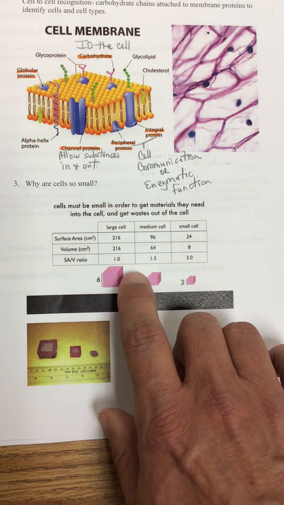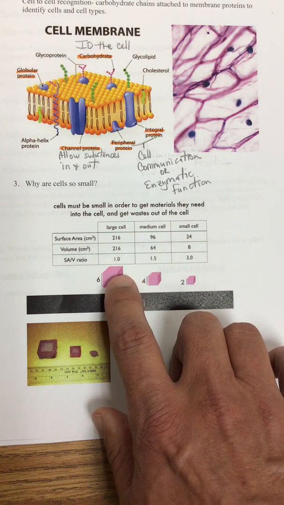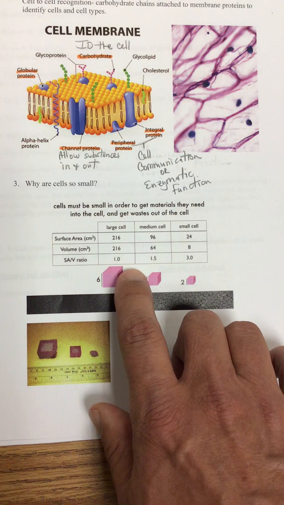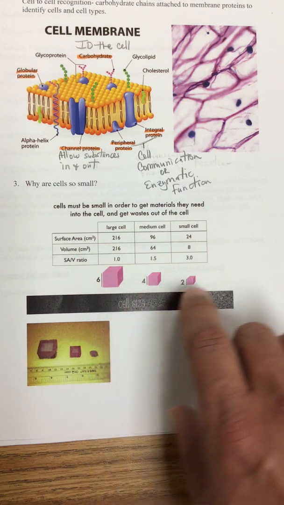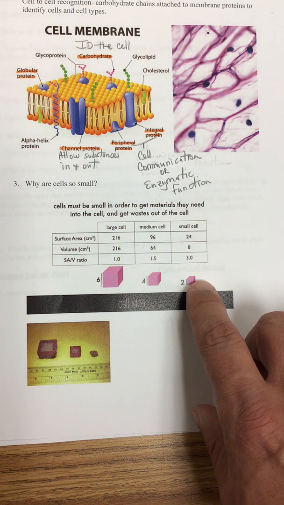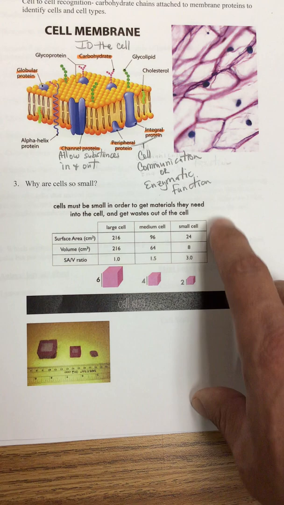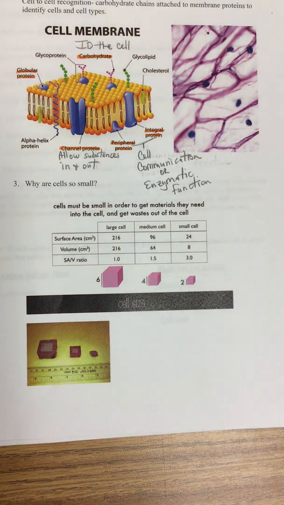For instance, if I need to get oxygen into a large cell, it's going to take a lot longer for the oxygen to move from outside to inside where it needs to get. Whereas if you have a very small cell, it's going to take less time. So it's much more efficient to have a small cell that can move materials in and out, and it does not waste any time traveling.